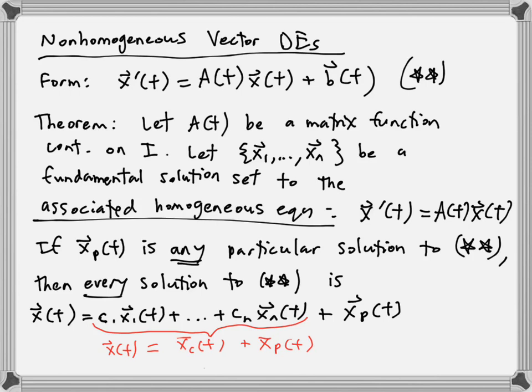So it's like the complementary vector function. So what we're saying is that you solve the homogeneous vector differential equation, and that gives you the complementary vector solution there. And that's what we have, our xc. And then any particular solution to the non-homogeneous just gets added to that, and that becomes your general solution. So this is the general solution to star star. Right?